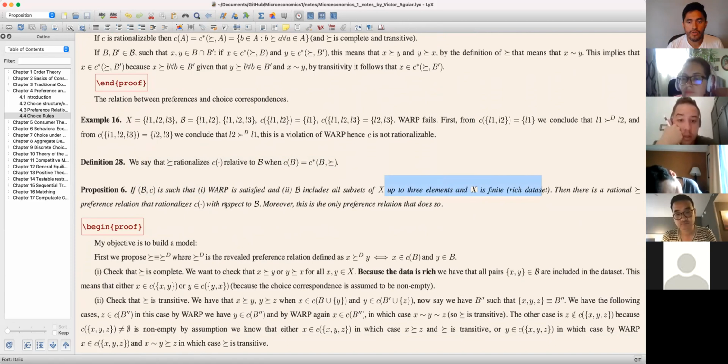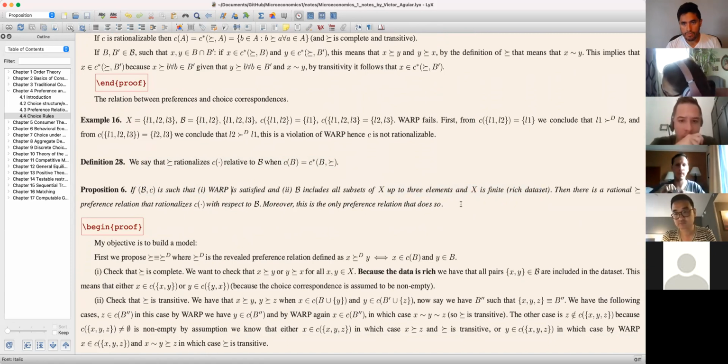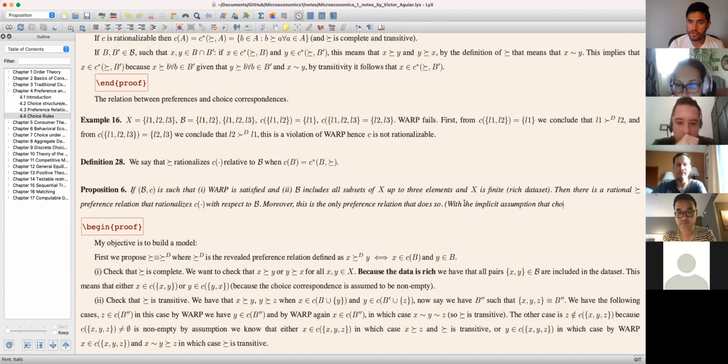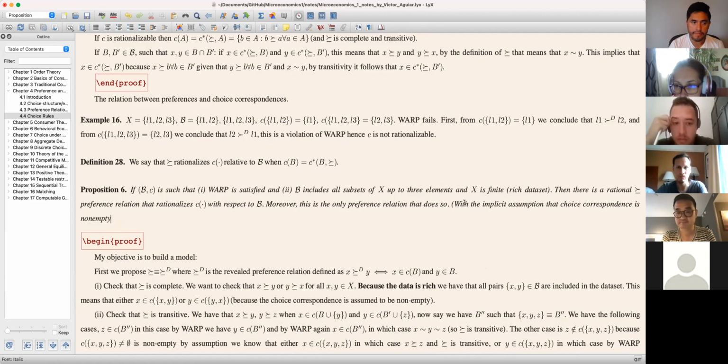And also, an important assumption here that I didn't include in previous years, so I have to make it even more explicit here, is the implicit assumption that the choice correspondence is non-empty.